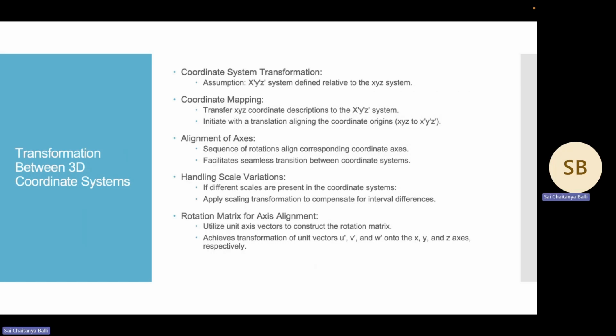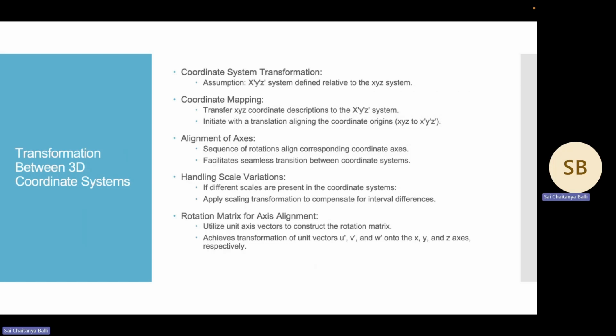Initiate with translation, aligning the coordinate origins X, Y, Z to X dash, Y dash, Z dash. Alignment of axes, a sequence of rotations, aligns corresponding coordinate axes. Facilitates seamless translation between coordinate systems. Handling scale variation: if different scales are present in the coordinate systems, apply a scaling transformation to compensate for interval differences.